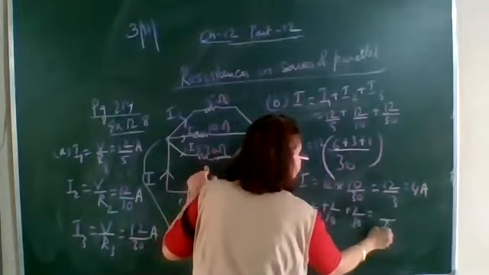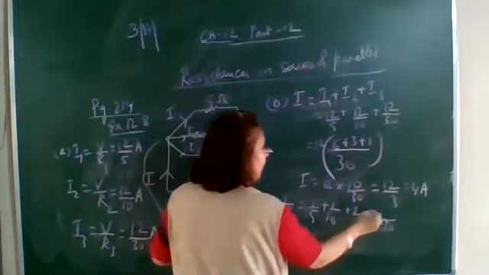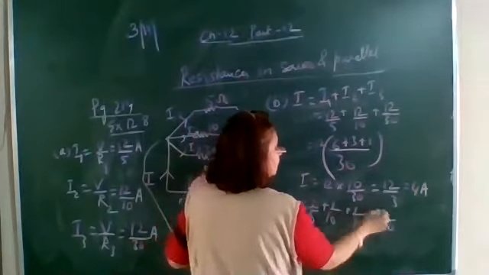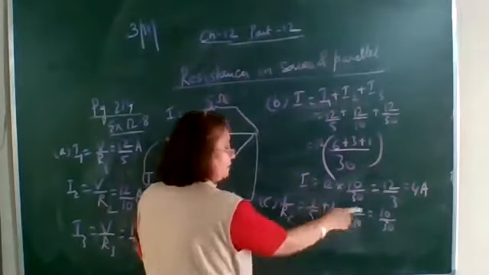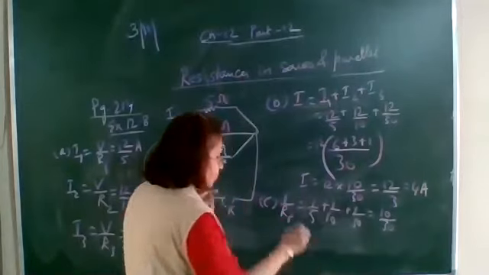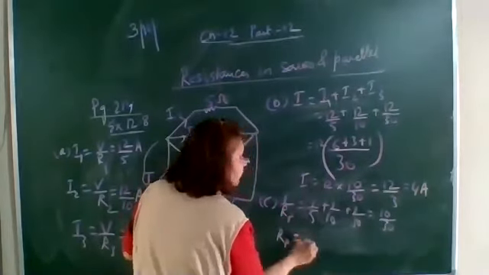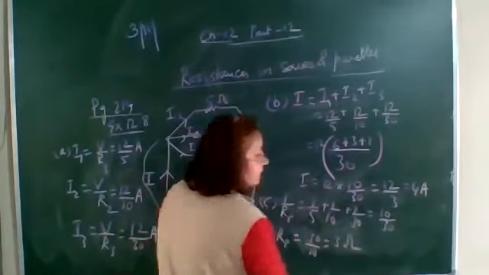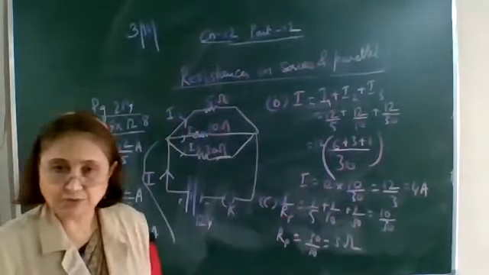Again simplify. LCM is 30 and the numerator is 6 plus 3 plus 1, that is 10. This is 1 upon RP. So the equivalent resistance RP will be equal to 30 upon 10, that is 3 ohms.